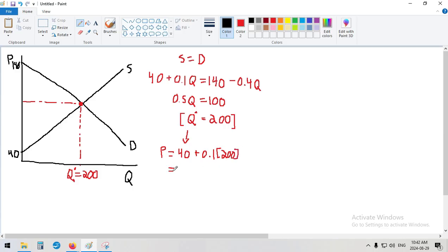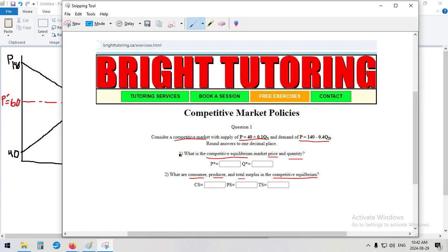So we have 40 plus 10% of 200, that'll be 20. So our market price is going to be $60. Let's put that over here. So there's the first question answered. We have a market price of 60, and we have a market quantity of 200.